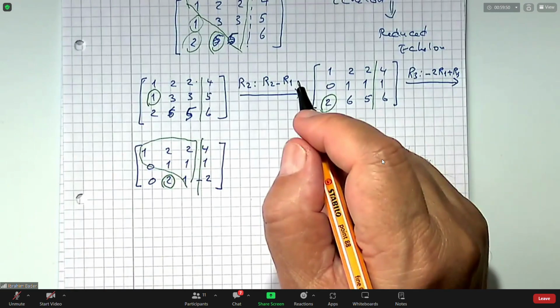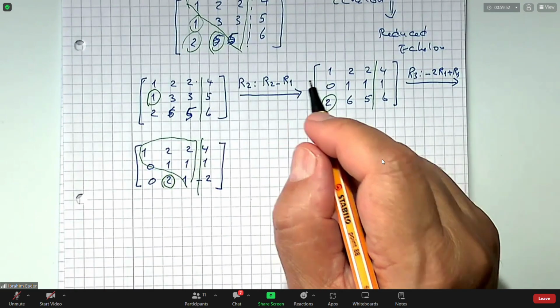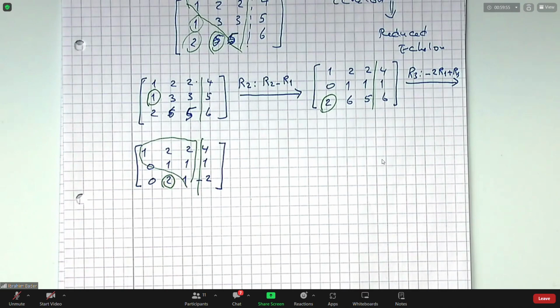And this one, obviously, if I subtract it from here, I have different possibilities, but to make sure that this one remains 0, I use row 2 and 3.